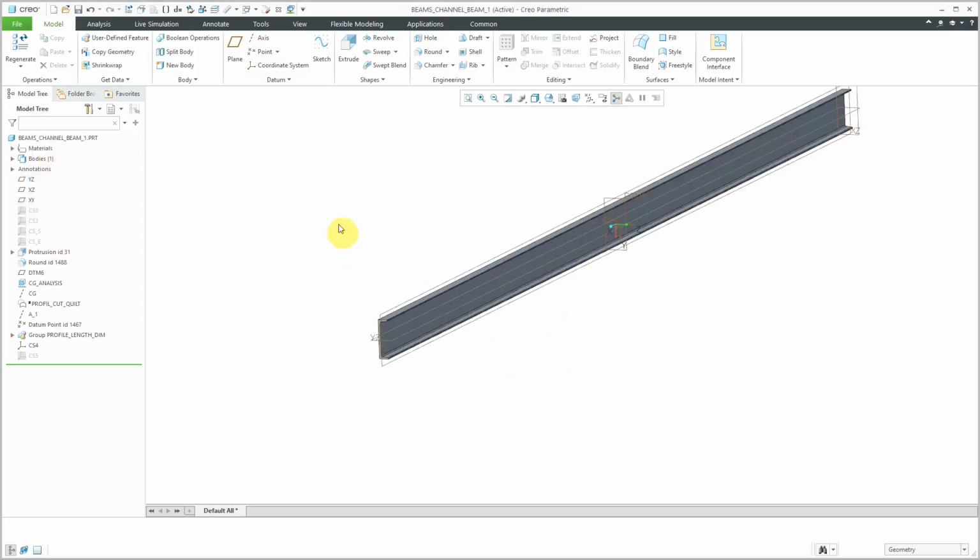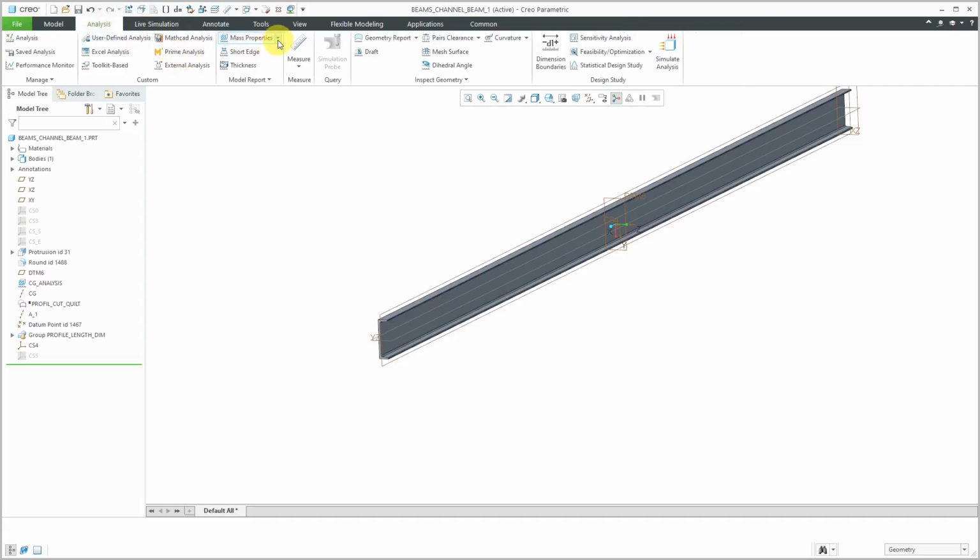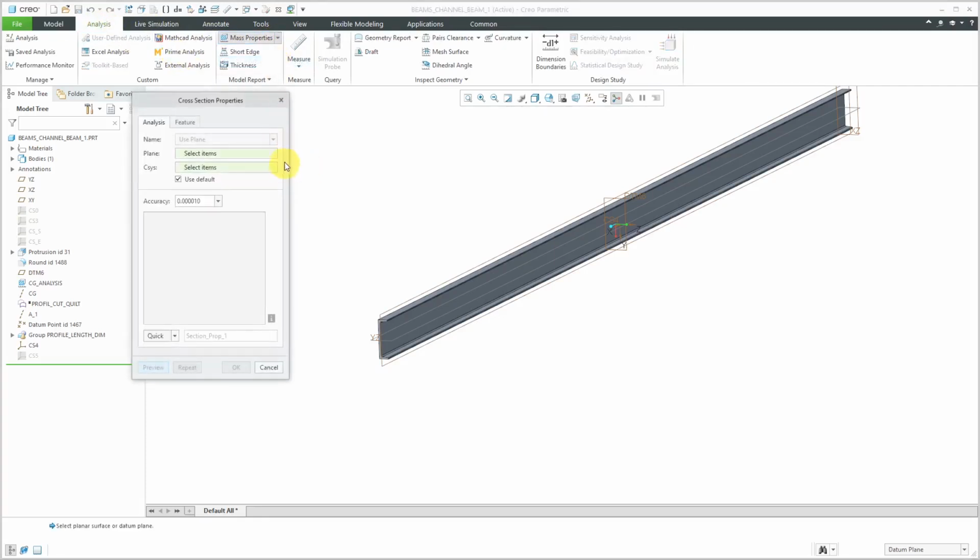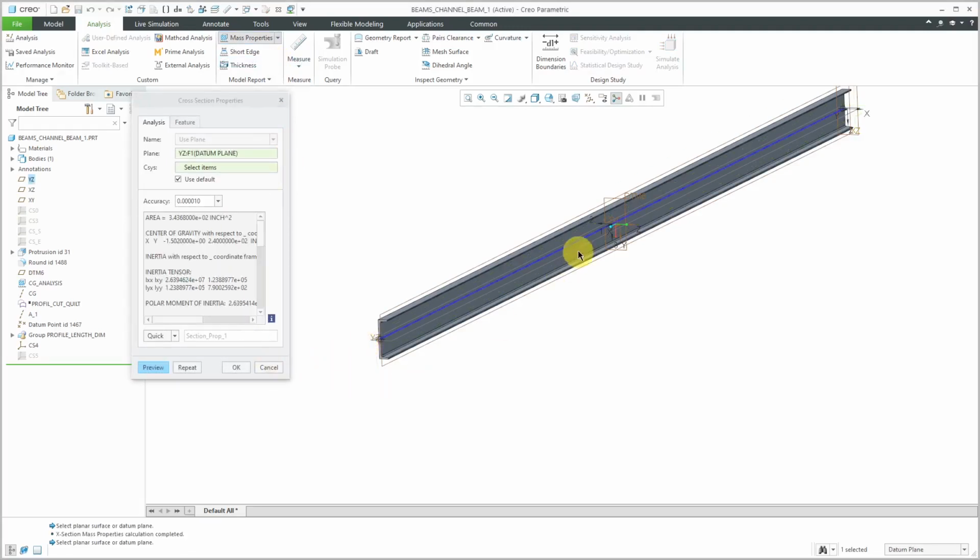And I also want to see where my default coordinate system is. Okay, notice that's all the way there on this particular end. Let's now go to our Analysis tab and then go to the Mass Properties dropdown, Cross-Section Mass Properties. For the plane that I want to use, let's select this plane over here.